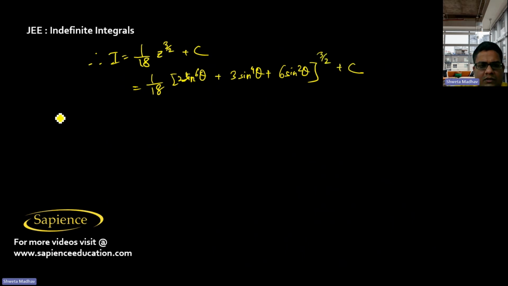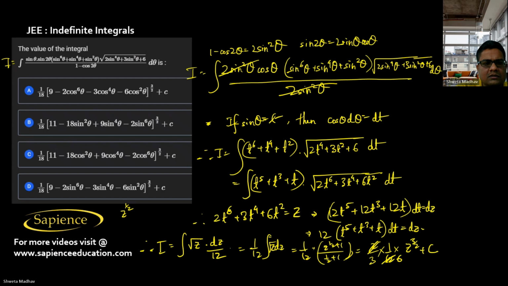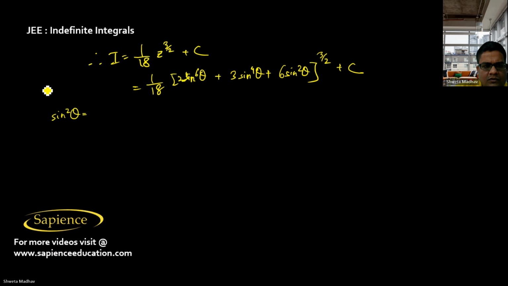Now here what we can do, we can write sine square theta as 1 minus cos square theta.